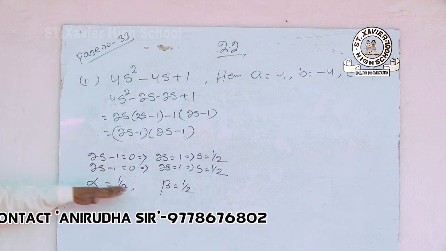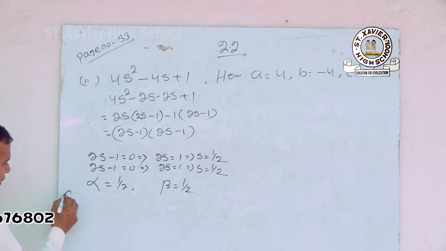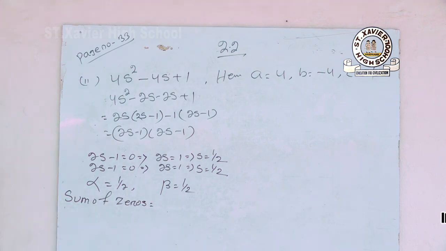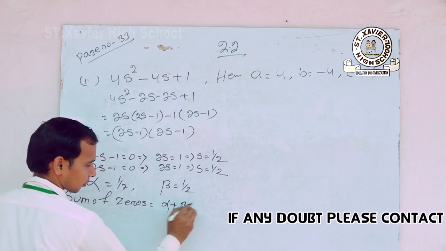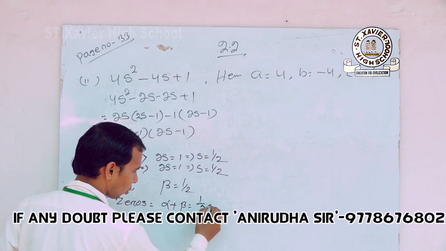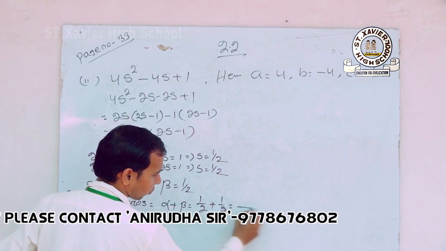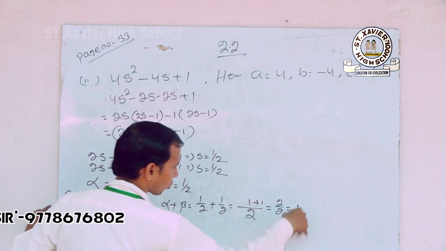Then the sum of zeros, alpha plus beta. The value of alpha here is 1 by 2, the value of beta here is 1 by 2. LCM 2, 1 plus 1, so 2 by 2 equal to 1.